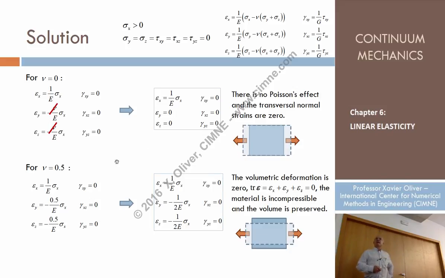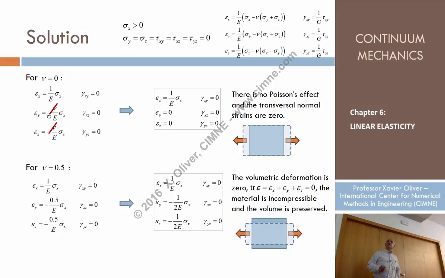Let's now consider another case. For instance, nu different from 0, and specifically nu equals 0.5. Well, by replacing it to here, then epsilon x would be 1 over E times sigma x, as before. But now epsilon y and epsilon z, since nu is now different from 0, will be negative. Look, negative, because there is a minus here.